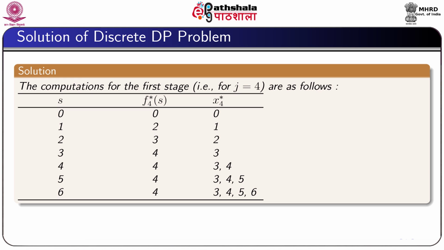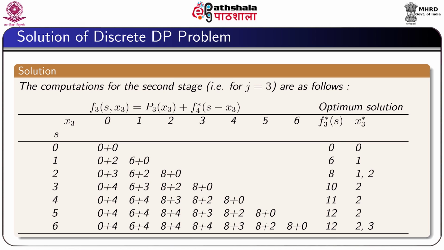If we allocate 3 boxes, then we get the profit 4, as shown in the previous row, and even if we allocate 4 boxes in store 4, then also we get the profit 4. Similarly, for s equal to 5 and 6, we can calculate f_4 star(s), the optimal profit. Now, this is the computation for stage 1.